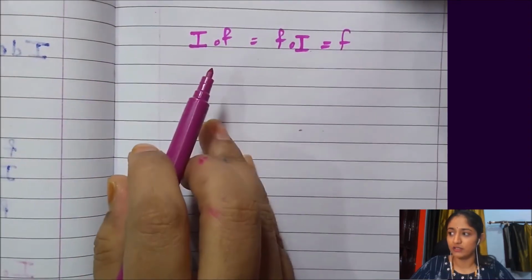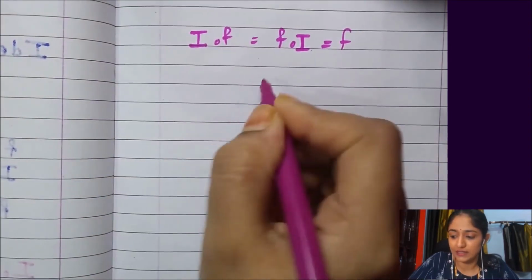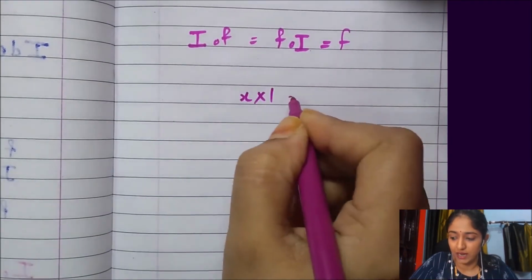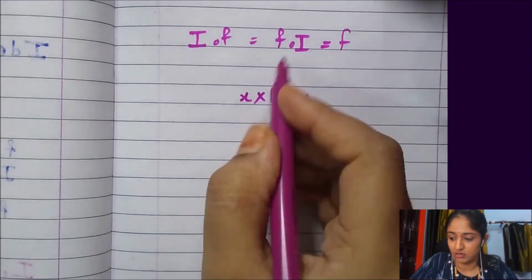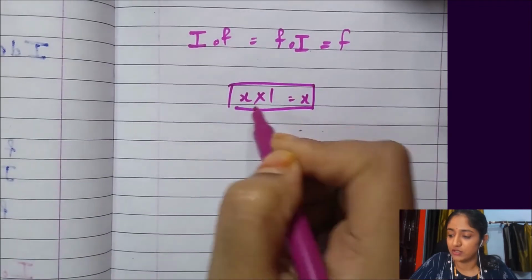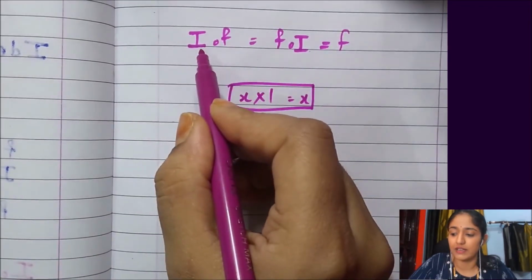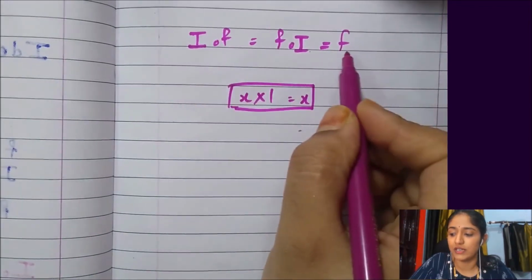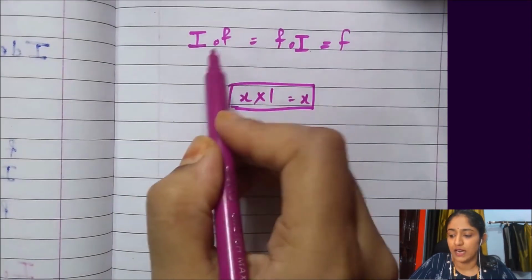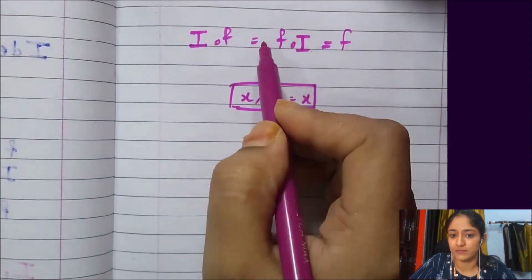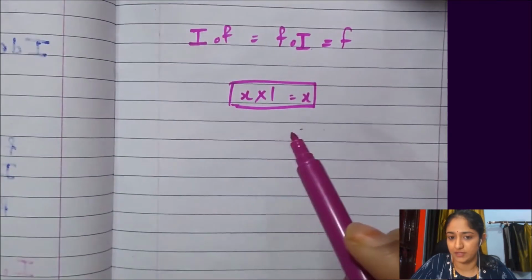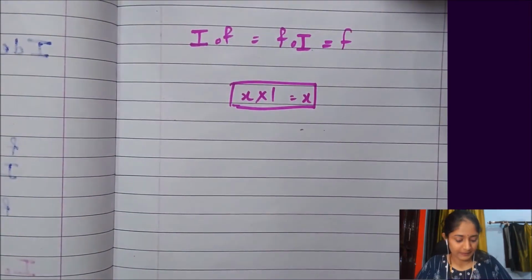Like number 1, if I multiply anything by 1, I get that thing, right? Similarly, in functions, if I multiply the identity function with any function, then only f comes out. And this is true both ways, from the right and from the left. It's a property to remember about functions.